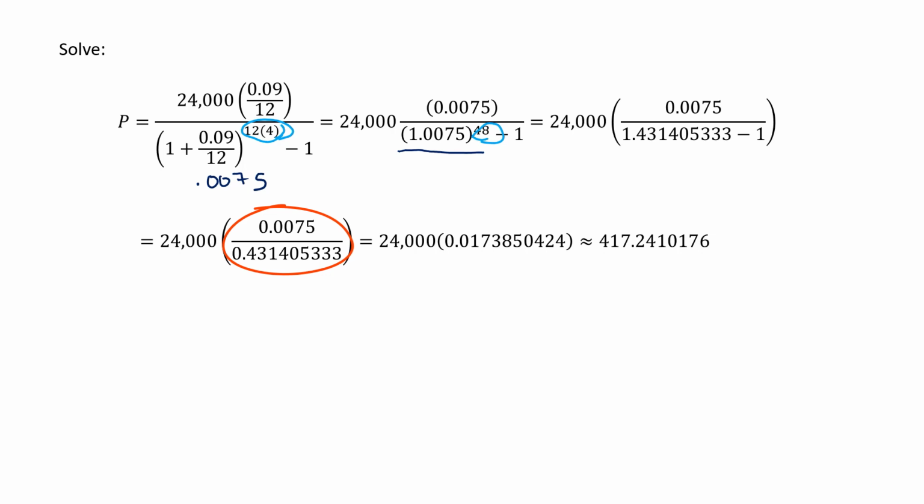My quotient that I got from my calculator is 0.0173850424. Multiply that to the 24,000 and it's approximately 417.2410176.